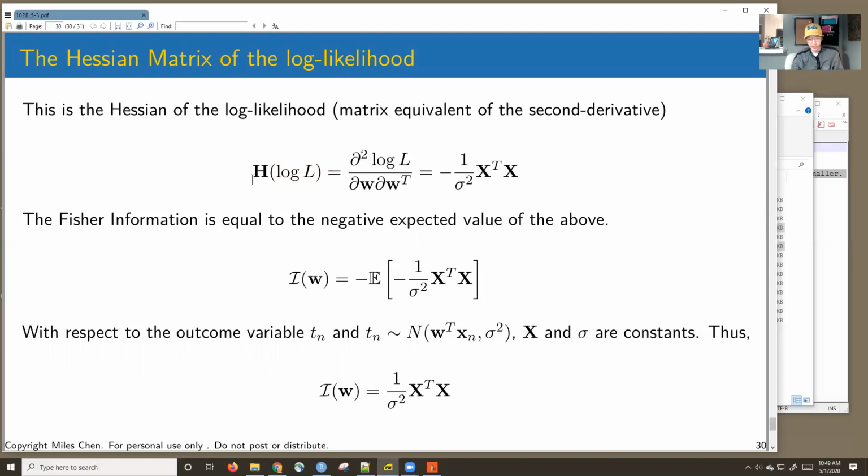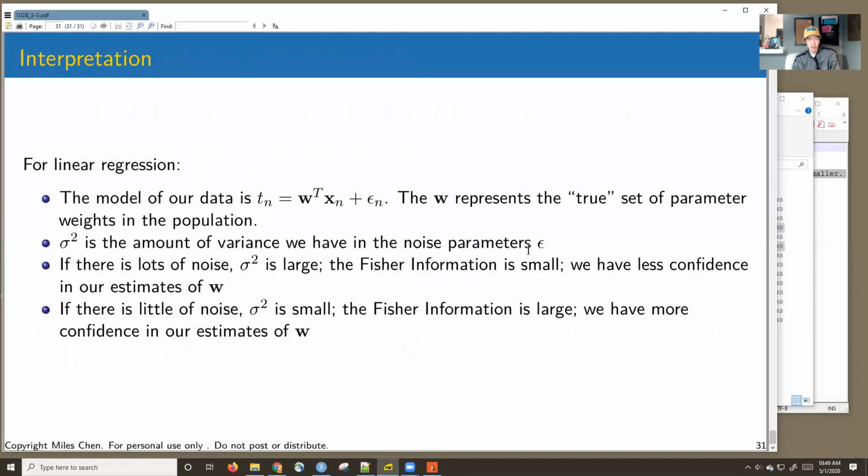If there's high curvature, you're going to have a lot of Fisher information, and if it's a lot smoother, you're going to have less curvature, and less Fisher information there. Okay. The whole idea of the negative expectation is a little bit strange, but just know that it's tied to the curvature of the function.